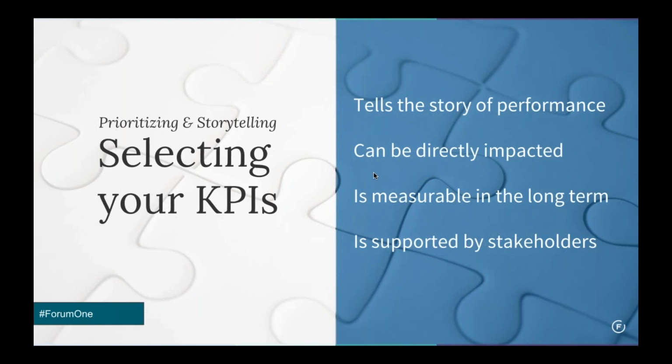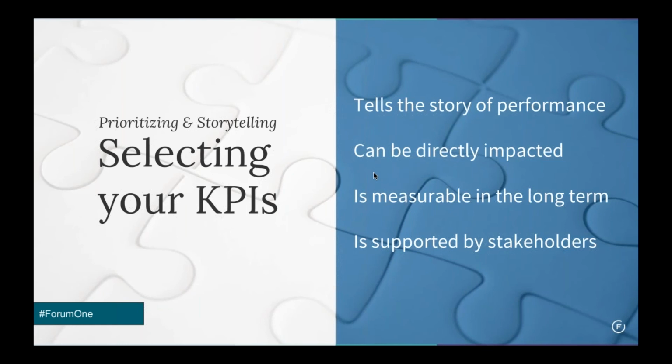So you want to make sure that whatever you're selecting can be impacted. An example to clarify: let's say your KPI was related to search engine optimization, making sure that your organization is known for a specific issue. An instance where a group could actually shift things was when we were working with the Smithsonian African American History Museum.